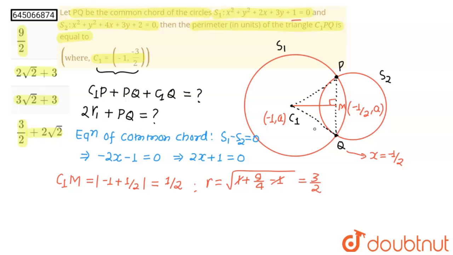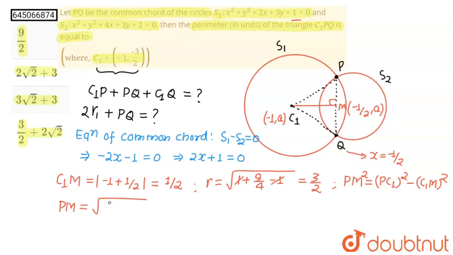Okay. So now PM will be equal to the square root of PC1 square minus C1M square. By the Pythagoras theorem we can write PM square equals hypotenuse square minus this square. So PM equals square root of, this is the radius, what is the radius? 3 upon 2.